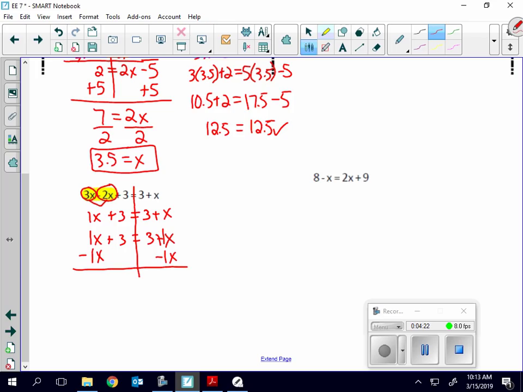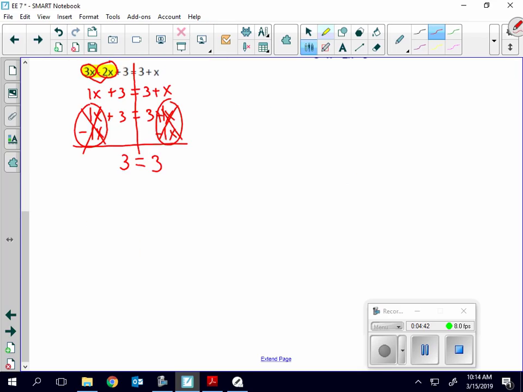Well, right here, a 1x minus 1x is no more x's. They're gone. So I'm left with a 3. On the other side, 1x minus 1x is also gone. I'm left with 3.